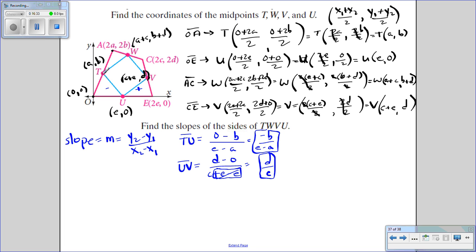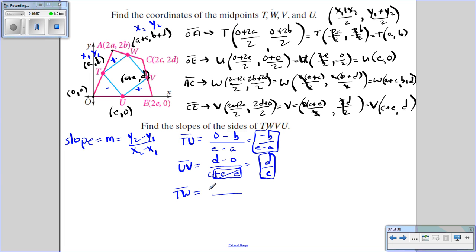Let's come over to segment TW. TW is an uphill slope, so I know that's going to be positive. So segment TW. Let's go ahead and plug in our points. I'm going to use T as my x1, y1, and I'm going to use W as my x2, y2. Plug them in.